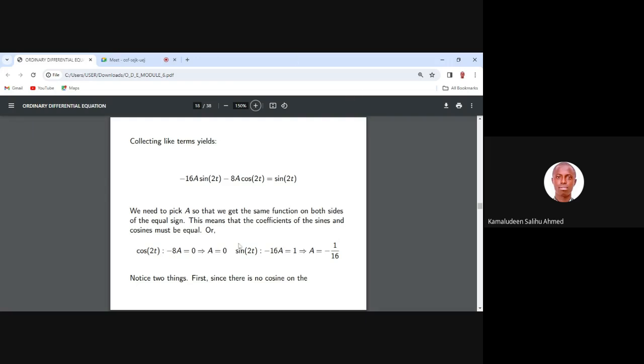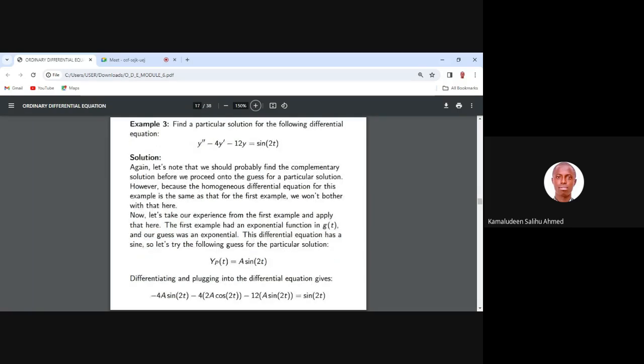So how are you going to undo that? Mathematically, I don't think it's allowed. So that is why we say we guessed wrong. And what's our guess? Don't forget, our guess is y p of t is equal to a sine 2t. So we guessed wrong because we are having two different values for a.